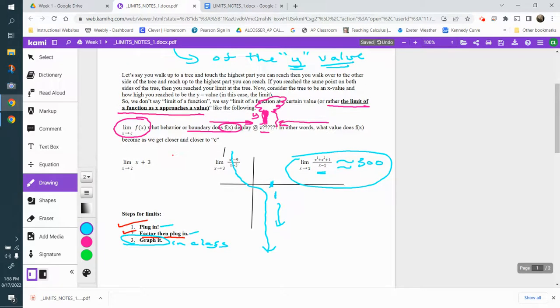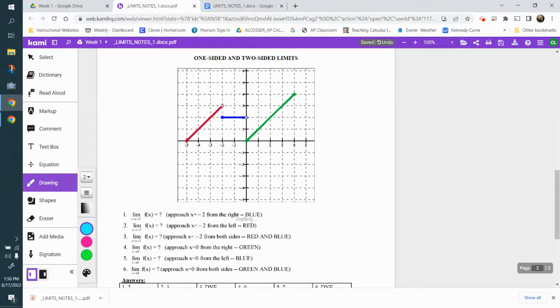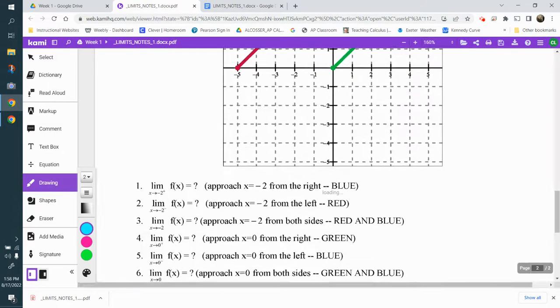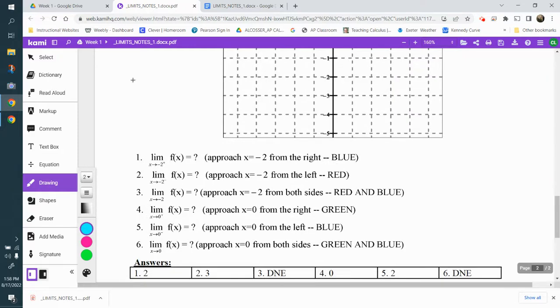All right, so we have the idea behind one-sided and two-sided limits. This will also be a discussion we're going to do in class tomorrow, but I'll give you the heads up so you can check your answers. Do you see that little plus on it right here? It says x approaches 2, and it's got a plus.